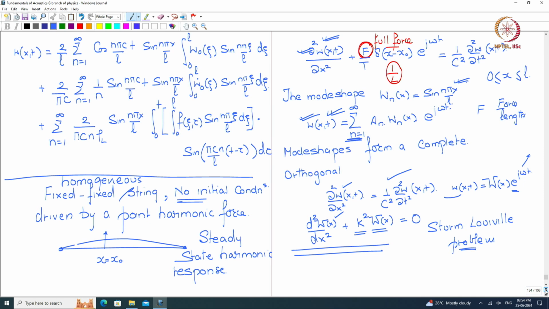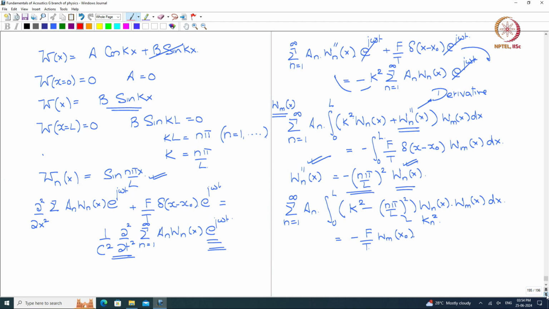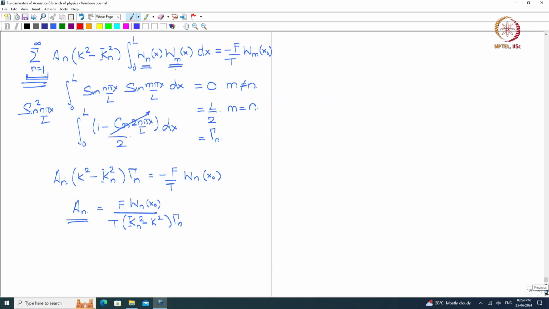So a n has been found, the one that we did not know. We had expanded the unknown in this form, these are mode shapes, these are coefficients of the mode shapes. So a n was what was to be found, and we have found it now. So my response finally is equal to summation n goes from 1 to infinity.